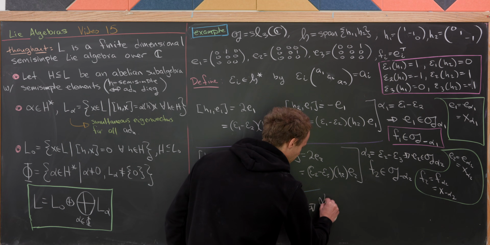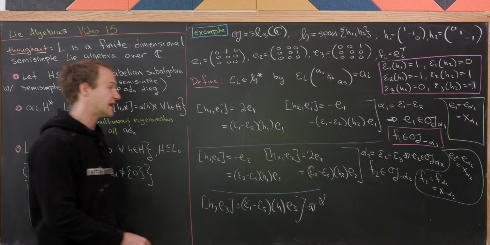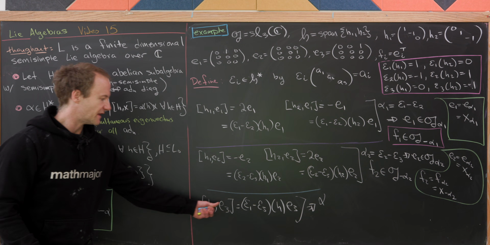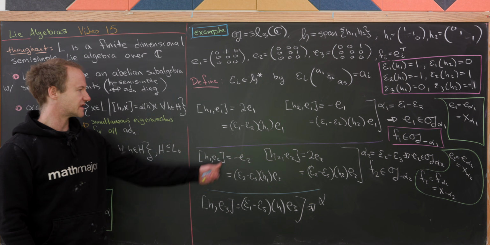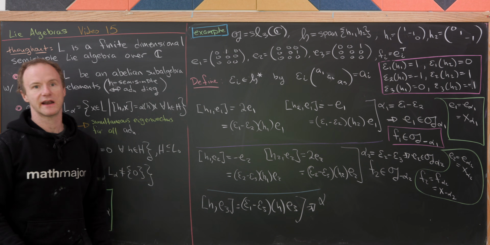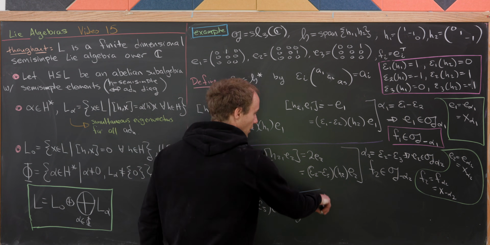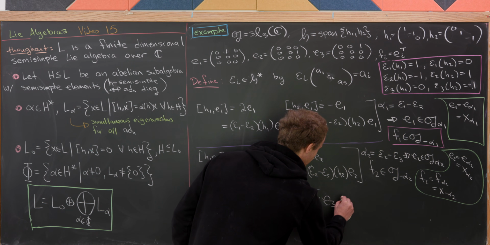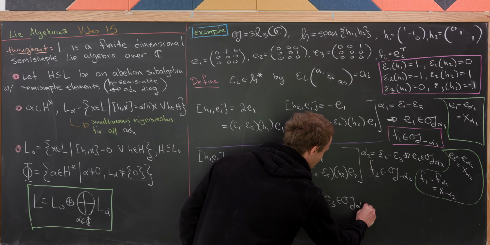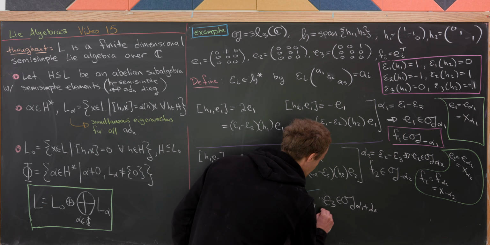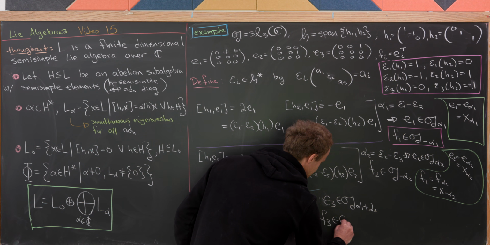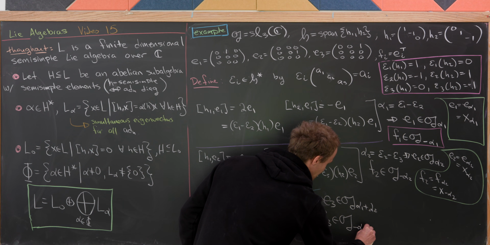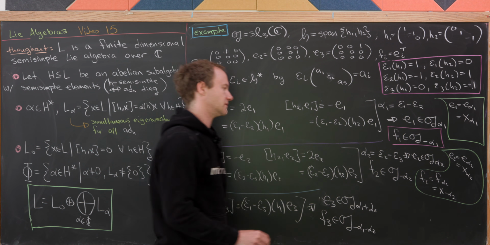You might say we could set alpha 3 equal to this, but observe that epsilon 1 minus epsilon 3 is in fact the sum of alpha 1 and alpha 2. So what we have here is E3 is inside of G alpha 1 plus alpha 2. And similarly, F3 is inside of G minus alpha 1 minus alpha 2.